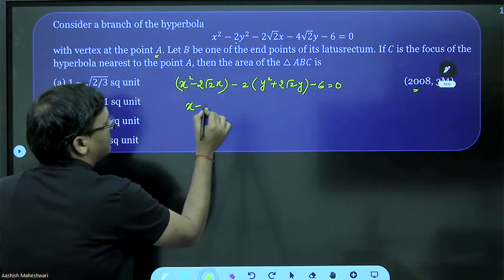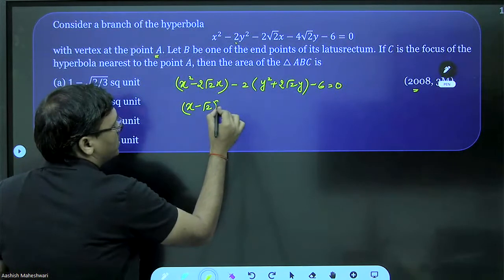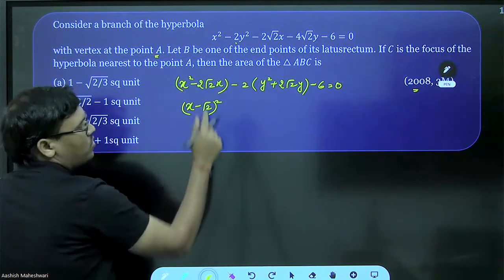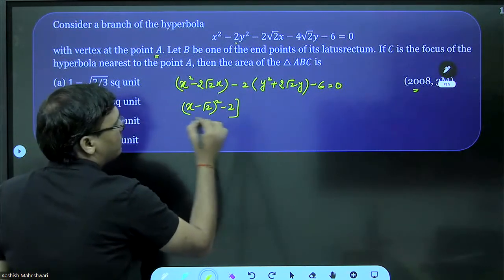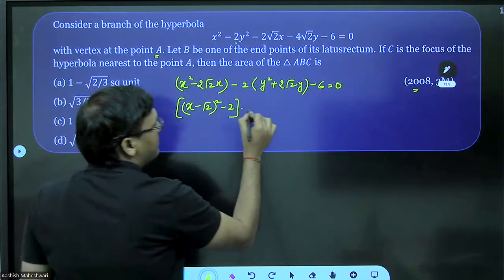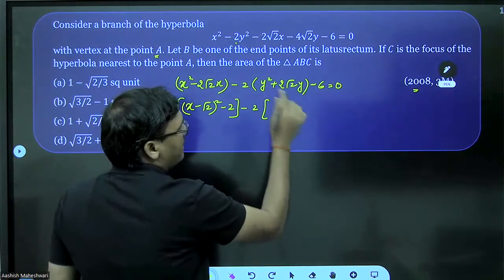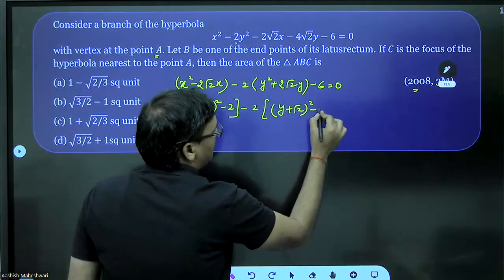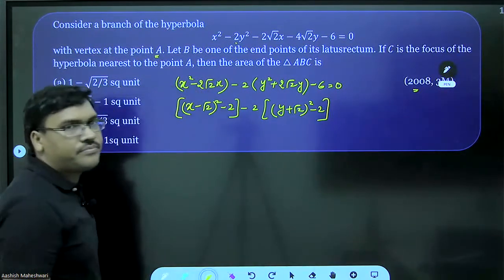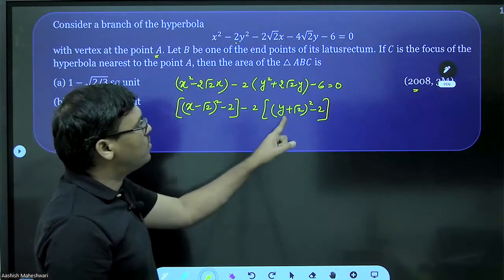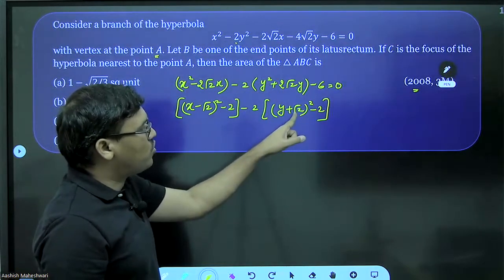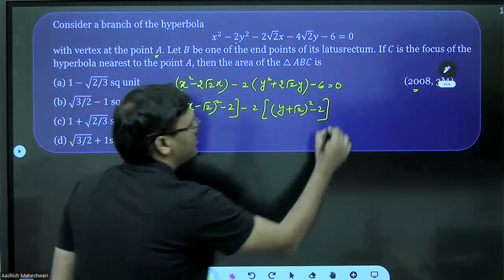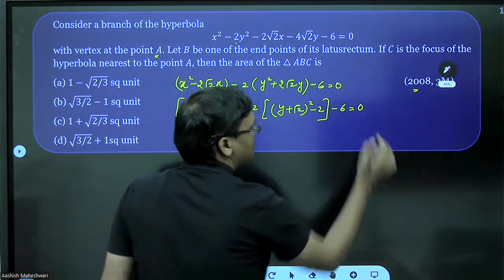This is x minus root 2 whole square minus 2. This is the first term. Minus 2, how will I write this? This is y plus root 2 whole square minus 2. You can check this. y square, 2 root 2 y, and this is 2, and minus 2 will cancel, and this is minus 6 equal to 0.